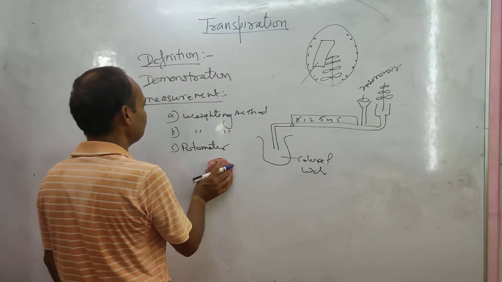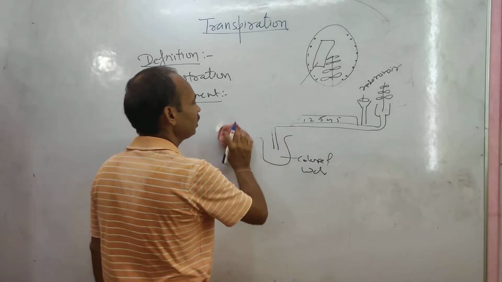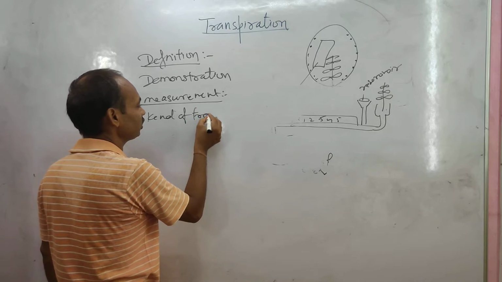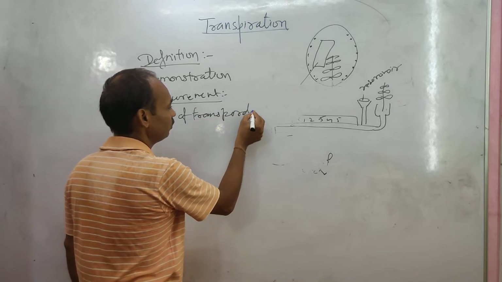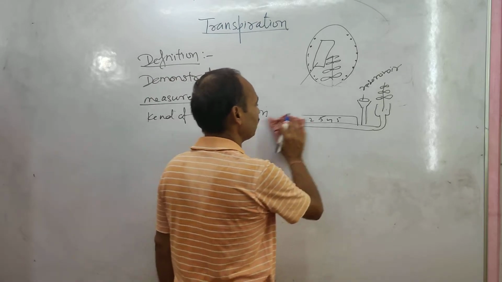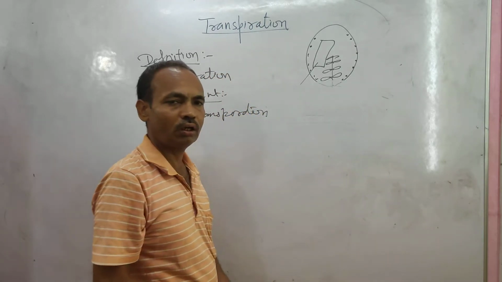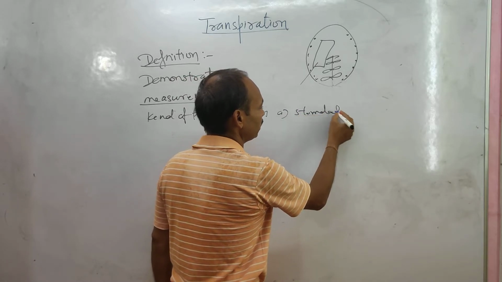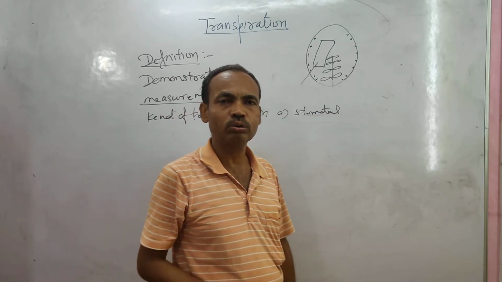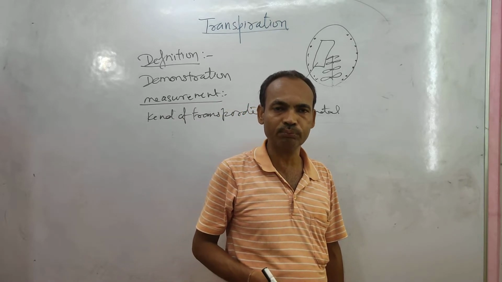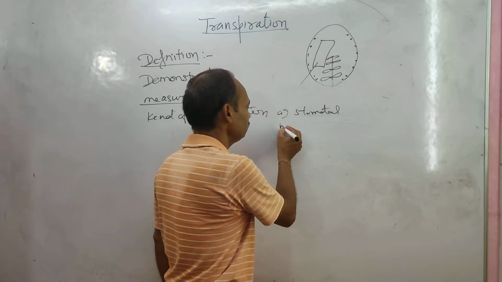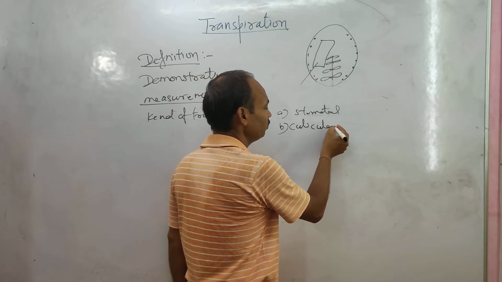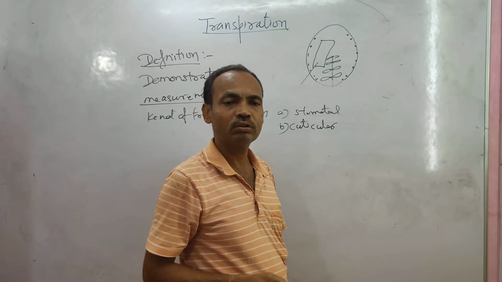Now another important topic is the kinds of transpiration. There are three kinds of transpiration. First, stomatal: transpiration occurs through the stomata of leaves. The second is cuticular transpiration, which occurs from the surface of the leaf.